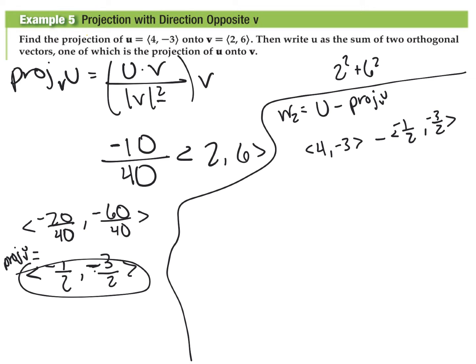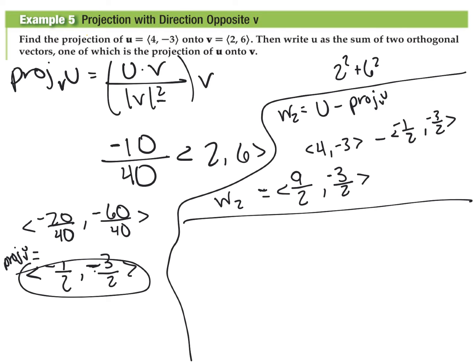So then you've got, what is that? 9/2, and -3 plus 1.5, so that's 3/2, and it's a -3/2, or that's W2, which is U minus the projection, sorry.